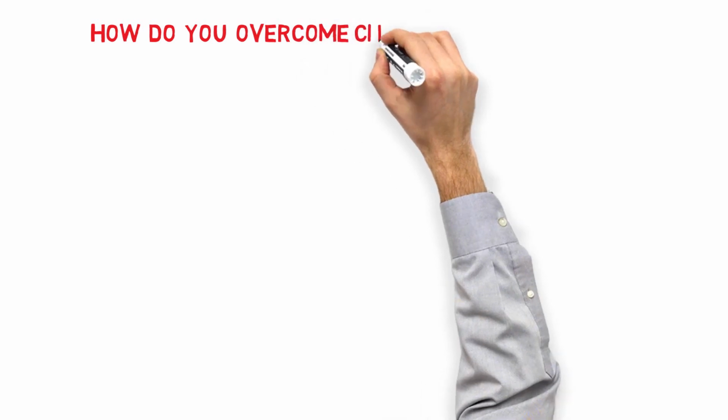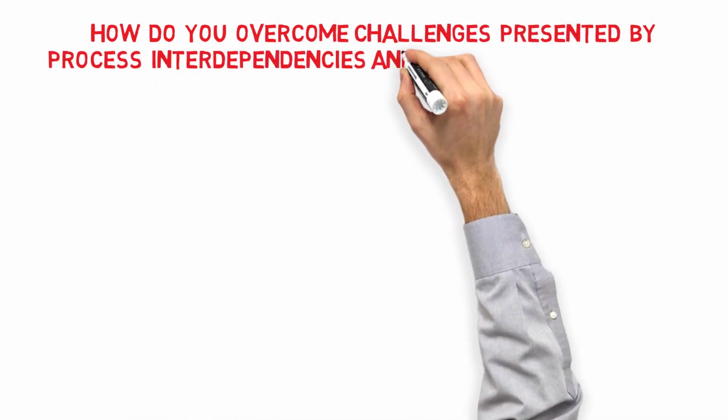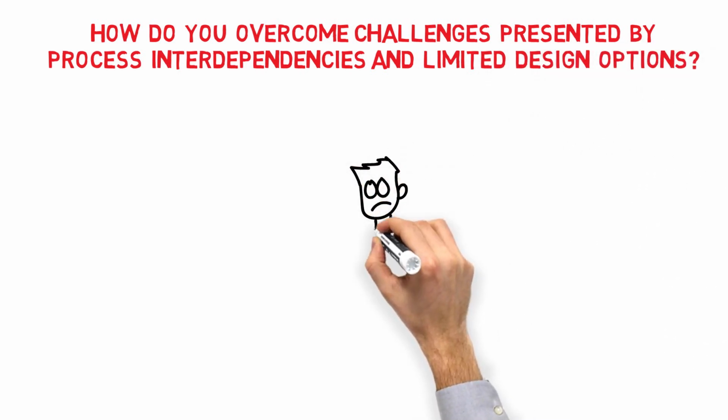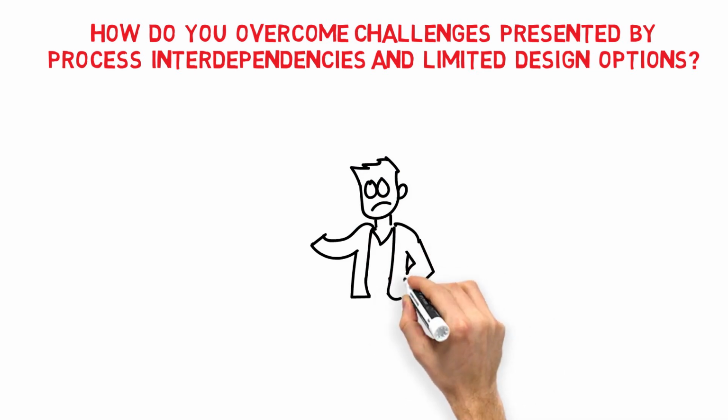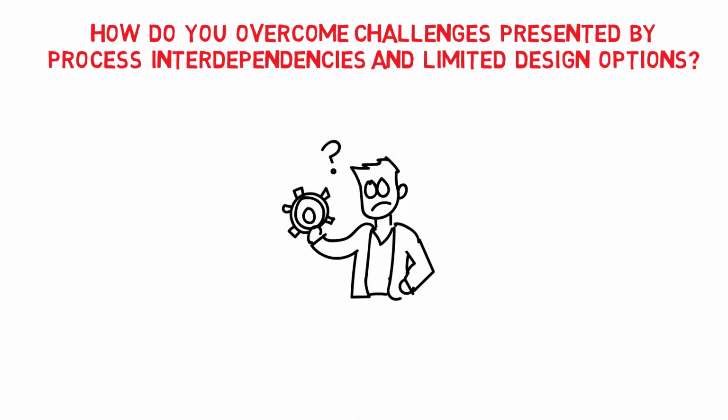So, how do you overcome challenges presented by process interdependencies and limited design options? You build it on newer technologies capable of facilitating robust integration of multiple steps to simplify downstream processing.